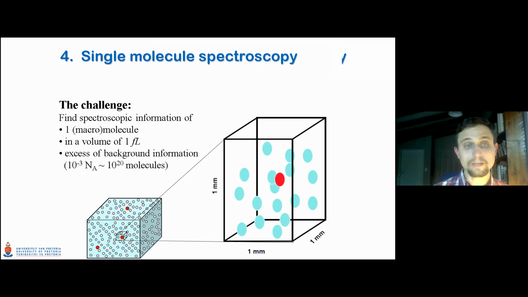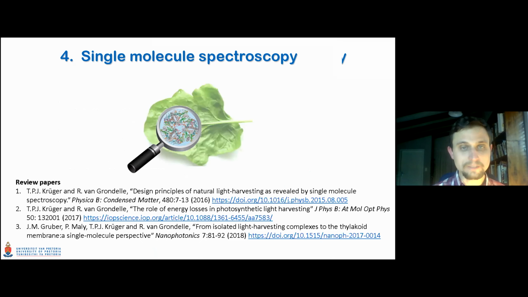Or you can investigate autofluorescent molecules. There are not many of them, but that is what I specialize in. All these photosynthetic systems are autofluorescent because these proteins bind photoactive molecules that are responsible for absorbing photons from the sun.